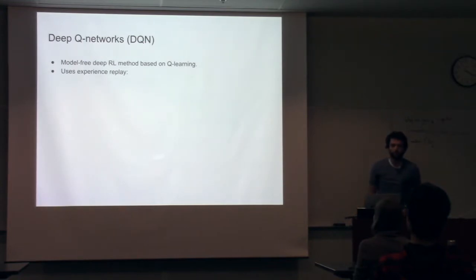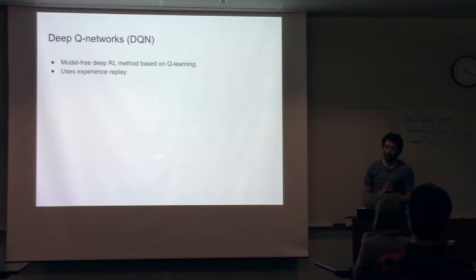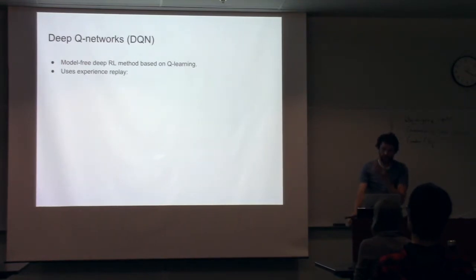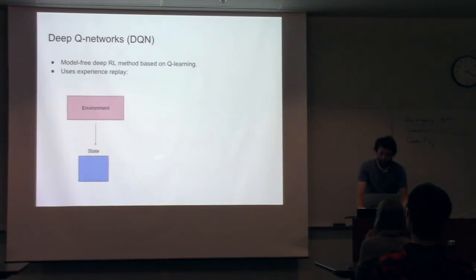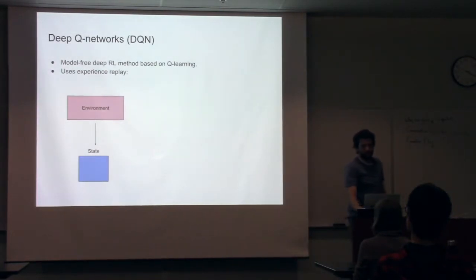The first algorithm that might come to mind when you think about the ALE is DQN. DQN is a model-free deep RL method that's based on Q-learning. It has lots of details and tricks that make it work, but the only one we really need to know about right now is that it uses experience replay. For experience replay, the agent is still interacting with the environment, and the environment still produces state information, which is available to the agent.